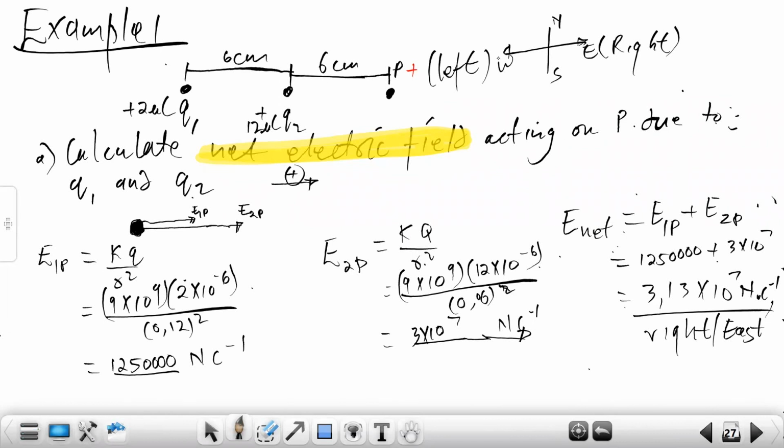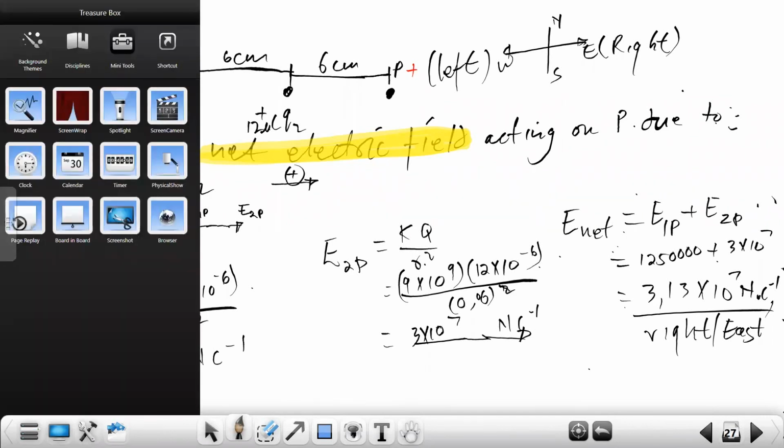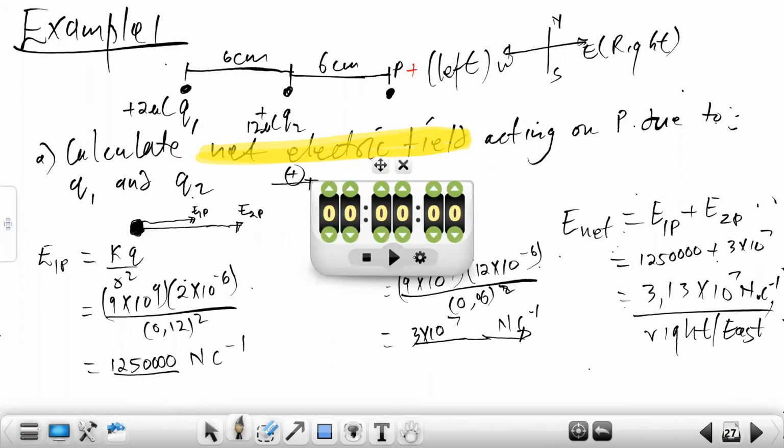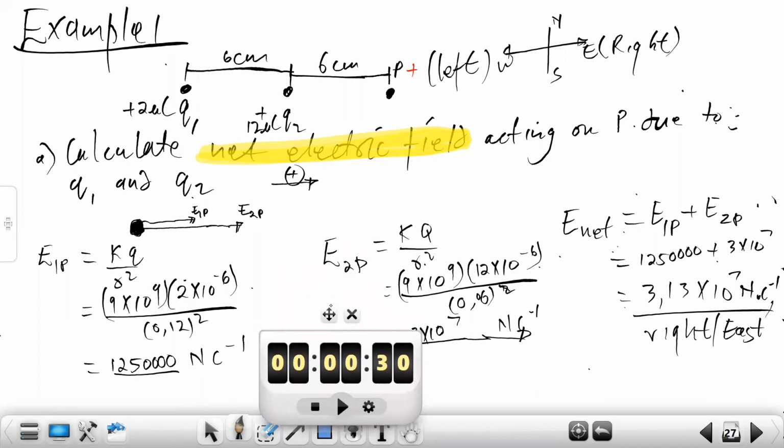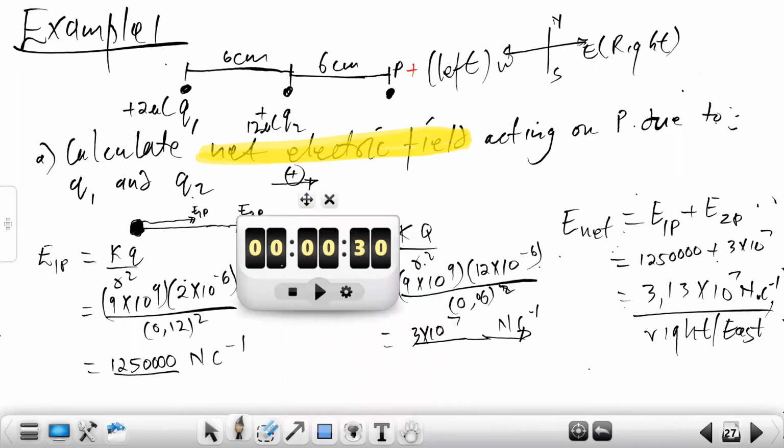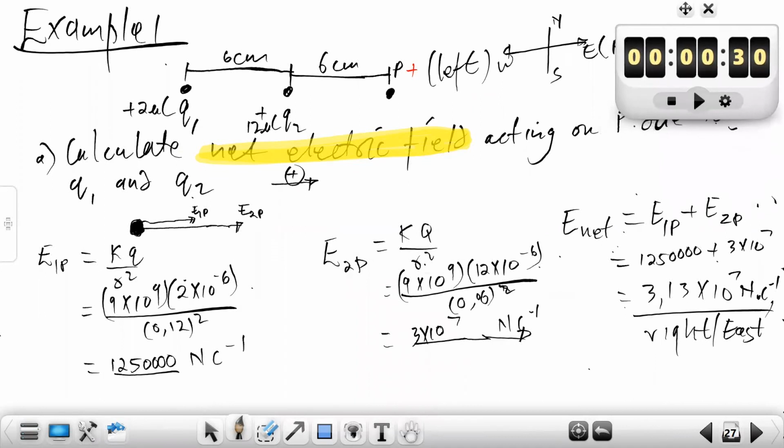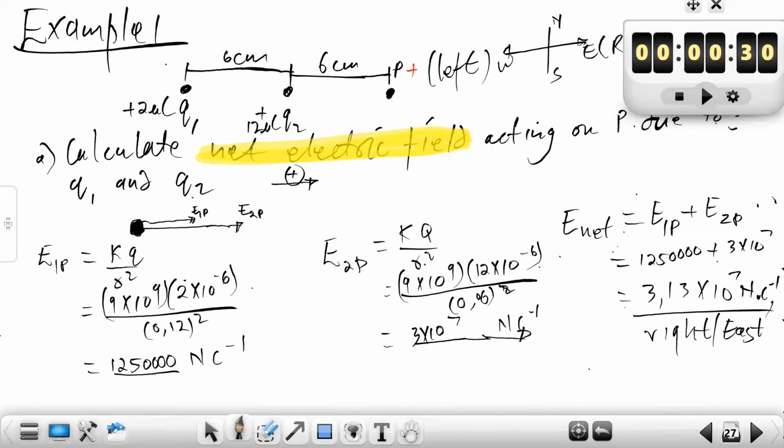So I'm going to give you 30 seconds to digest this one. And if you are happy with it, then we can move on. Get your calculators and formula sheets ready, because the next one is entirely up to you. Any hands?